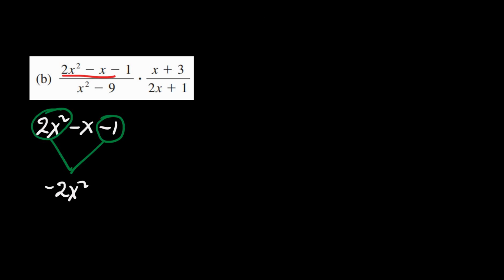Now we need to find two factors of negative 2 such that their sum should give us negative 1. This negative sign we have here is actually negative 1. So we need two factors of negative 2 that can give us negative 1 when added. And the two factors are negative 2 and positive 1.